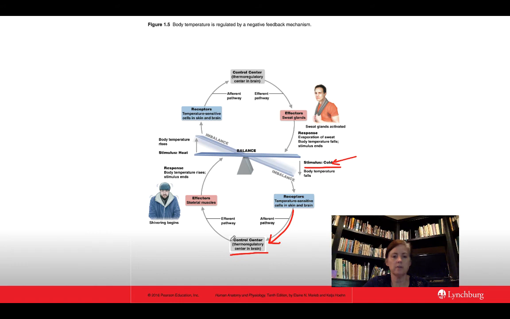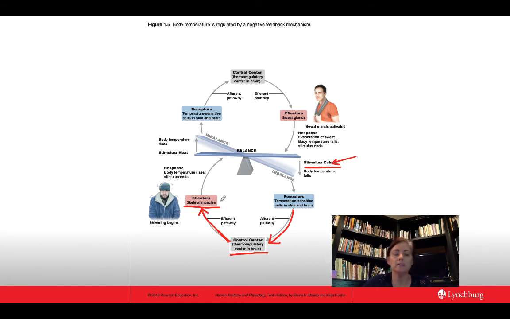The control center is going to compare that body temperature to your set normal body temperature of 98.6, and it's going to say, oh, our body temperature is too low. We need to do something about that. So it's going to activate the efferent pathway to send a message to an effector, which we already said has an effect. And effectors tend to be muscles or glands.